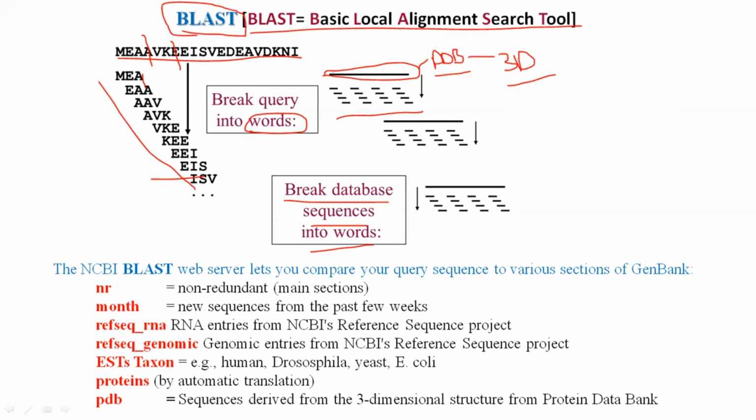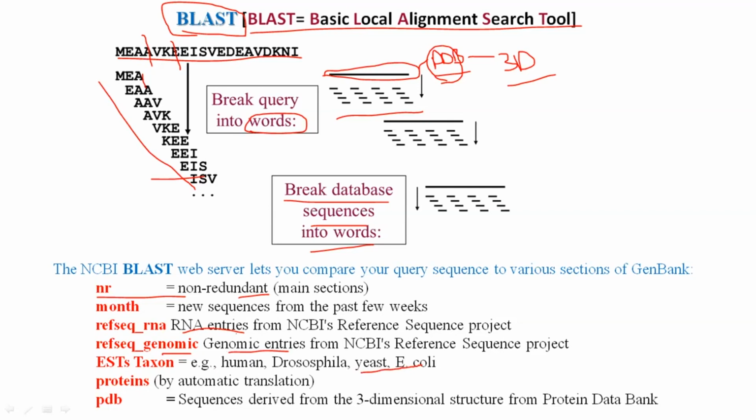To define the databases, PDB is one of the databases, a structured database. Like that, we have the NR database, NR being non-redundant databases. RefSeq gives the RNA sequence entries. RefSeq genomics gives the references from the genomic sequence projects, and ESTs give the expressed sequence tags from all these organisms.